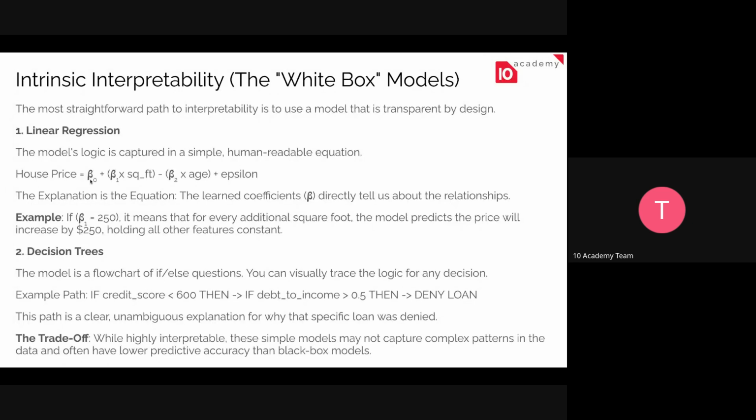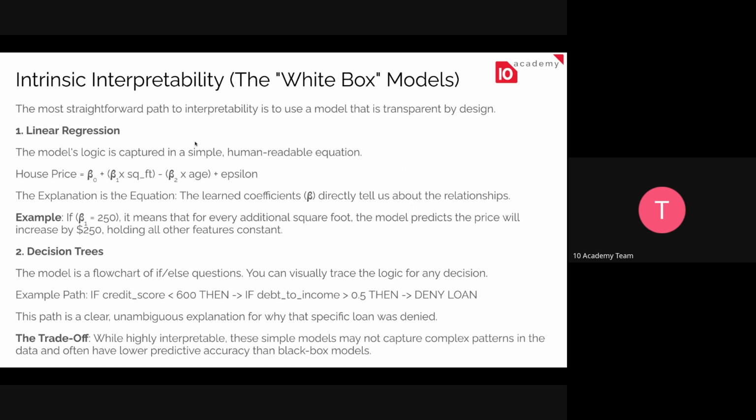We have beta 0, plus beta 1 multiplied by the area in square feet, minus beta 2 multiplied by age, plus epsilon. In this explanation, you can see that the learned coefficient beta directly tells us about the relationship.